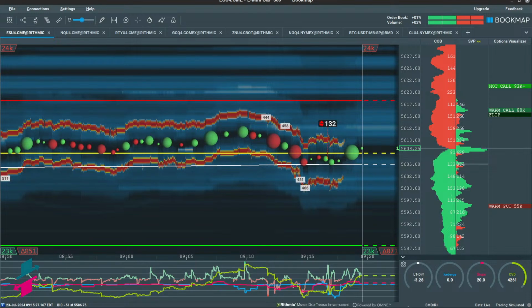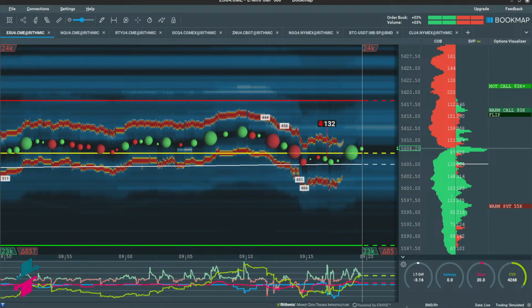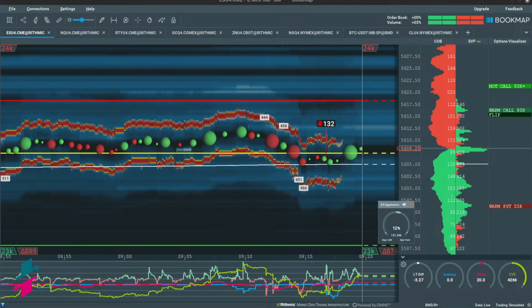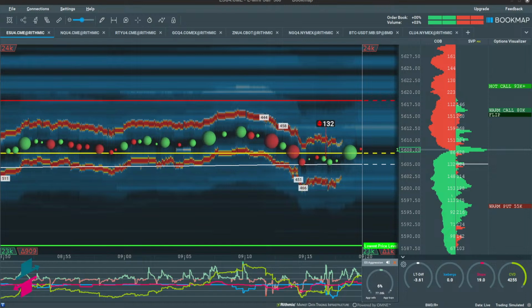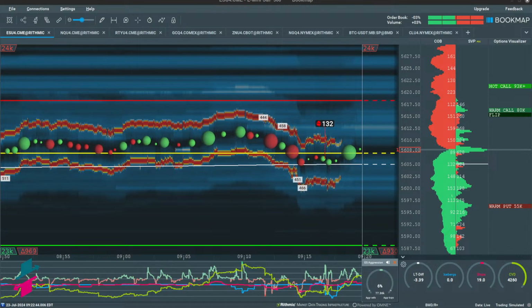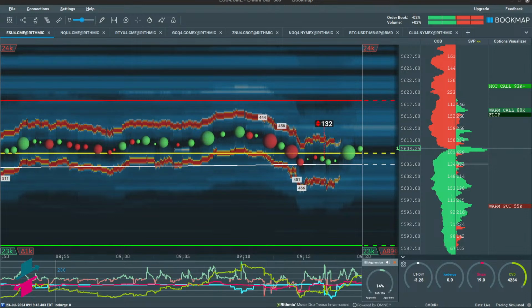On the subchart here, I have these sort of historic measures. I'm keeping track of a couple of different things. One of them you don't see on screen, I'm going to pull it in here, is the ES aggression. This is the volume pressure market pulse indicator, and I've customized it somewhat to only really focus on higher levels of aggression, right?